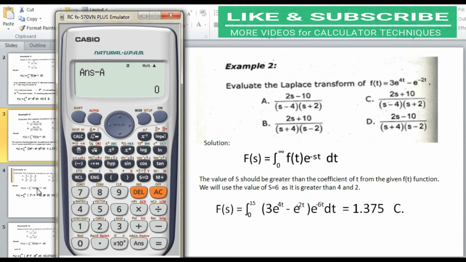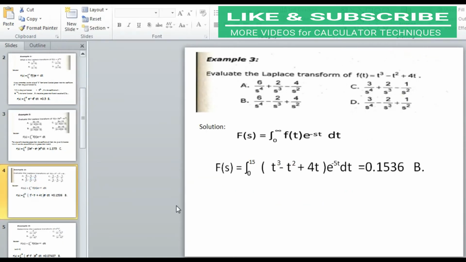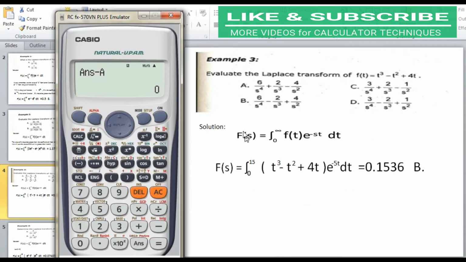Evaluate the Laplace transform of f of t equals t cubed minus t squared plus 4t. So same steps, guys. For the formula for Laplace transform, you have to find the f of t, which is the given, and set the value of s from the kernel function, which is greater than the coefficients of t from the given function.